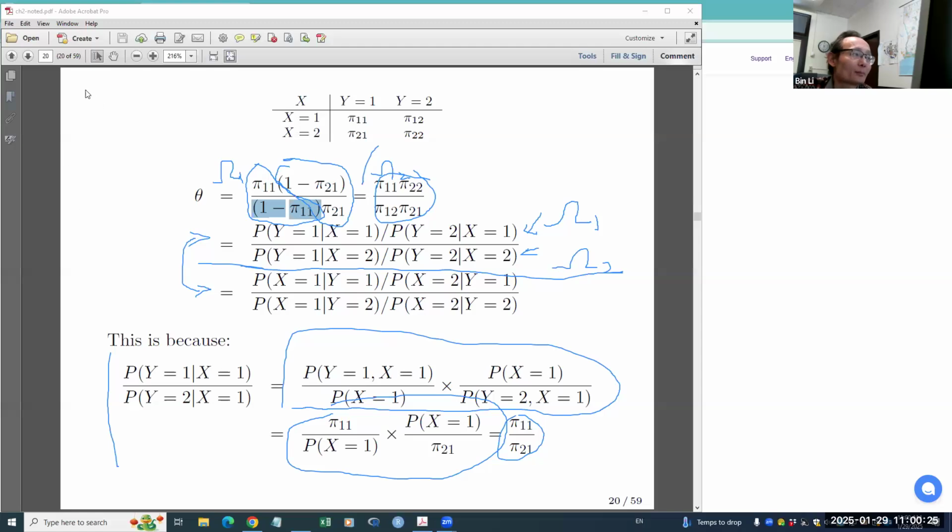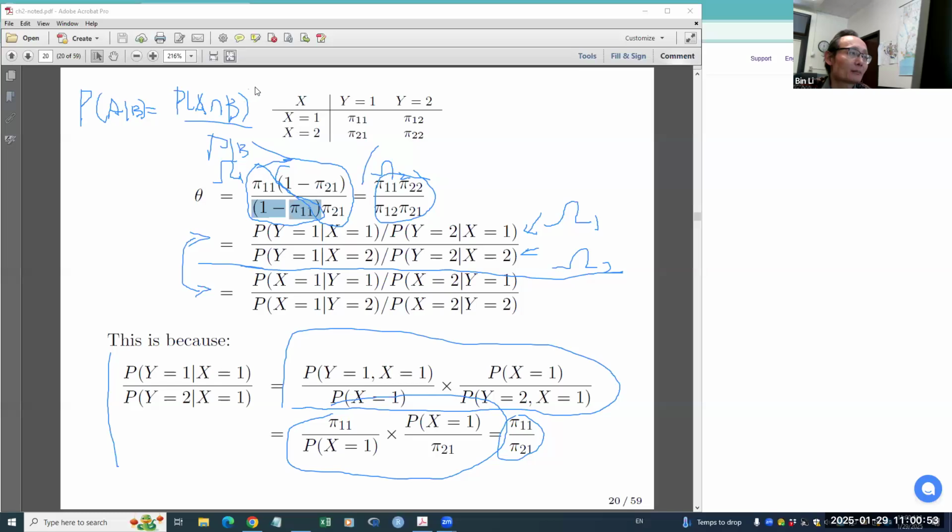The nice thing about the Bayes theorem is that, you remember, the probability of A given B can be written as the probability of A and B over the probability of B, right?